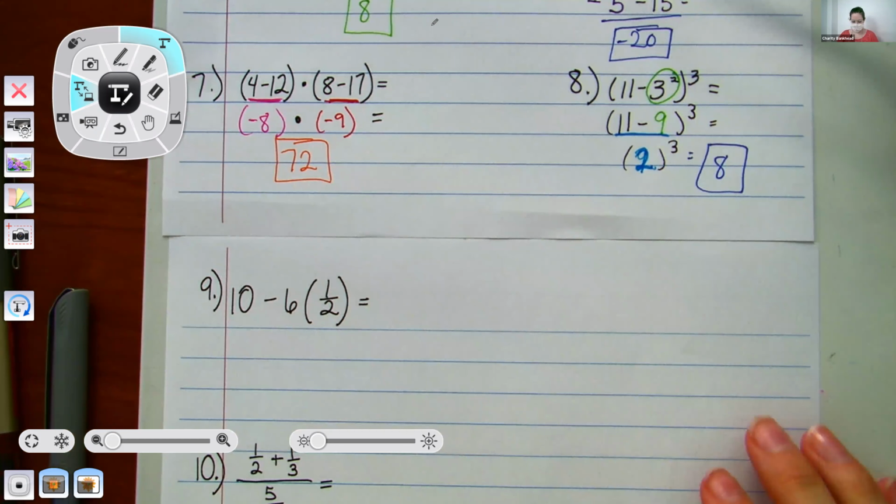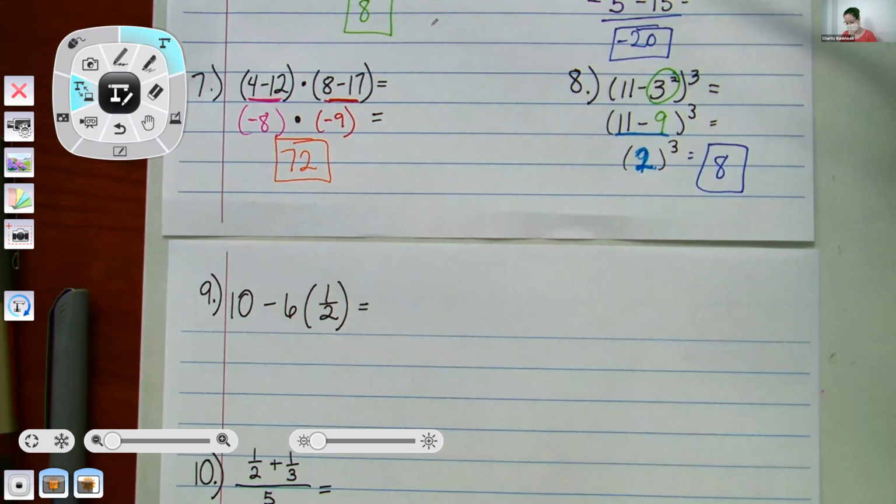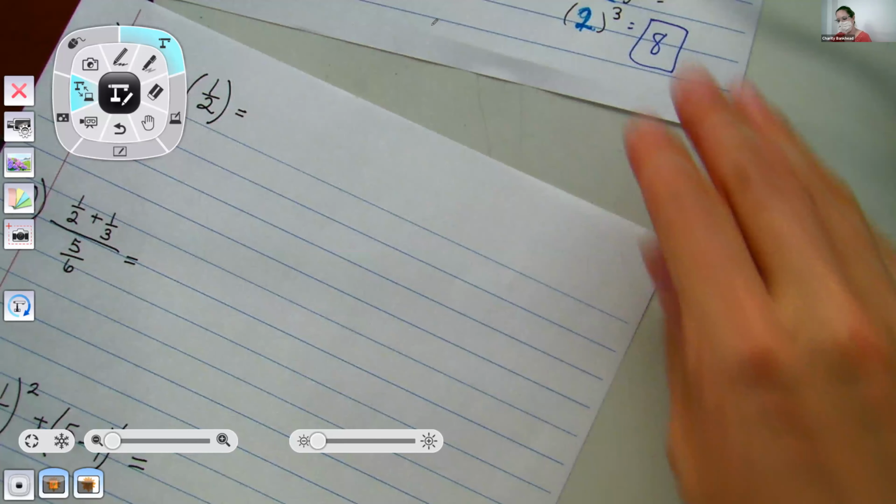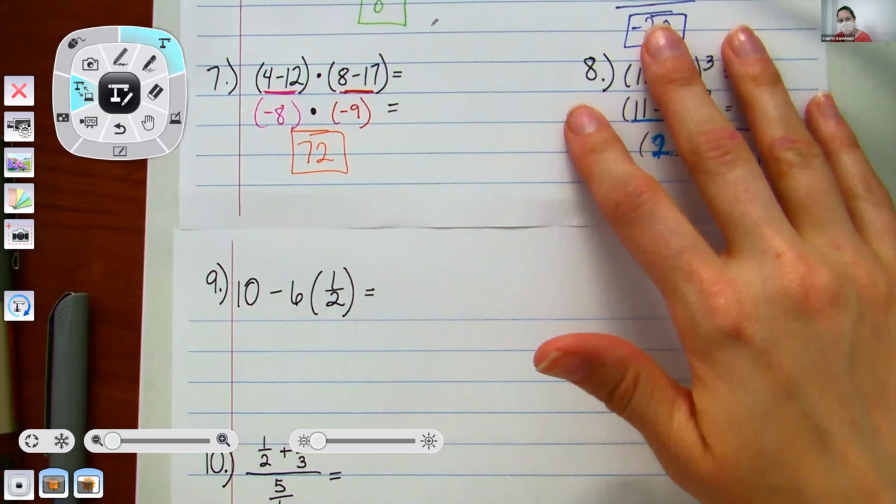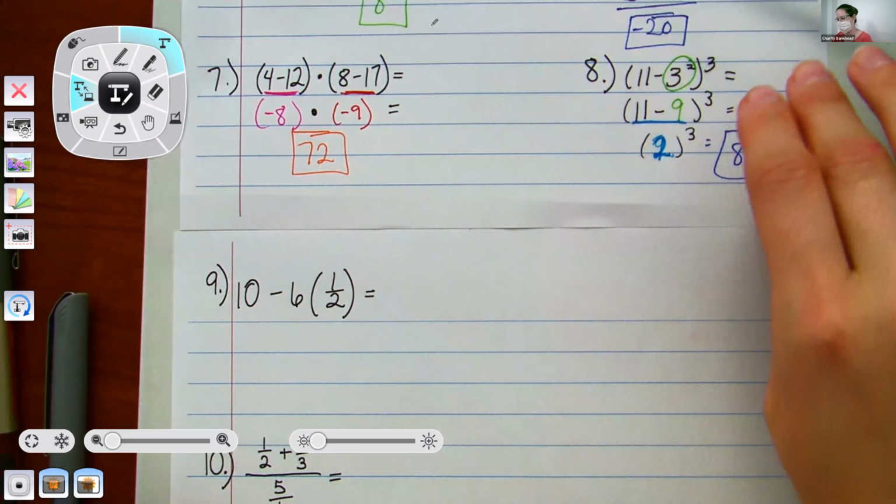Number 9. Let's see. So nothing on the inside of the parentheses to do, no exponents. I do need to multiply 6 times 1/2.